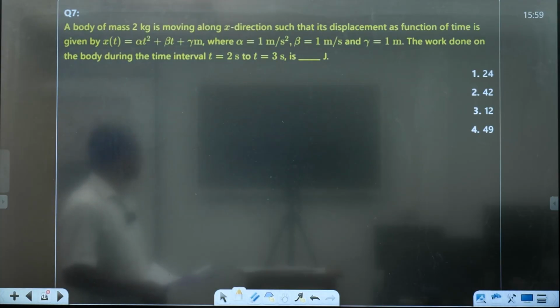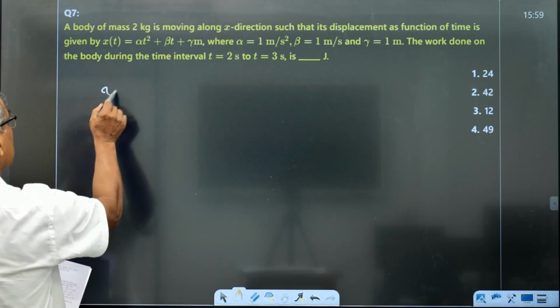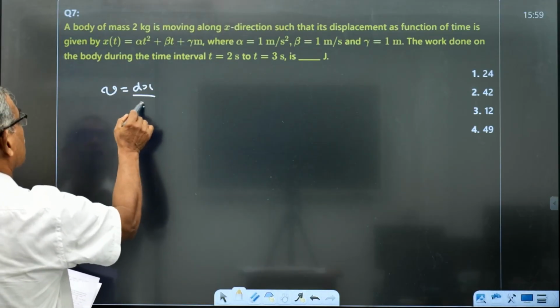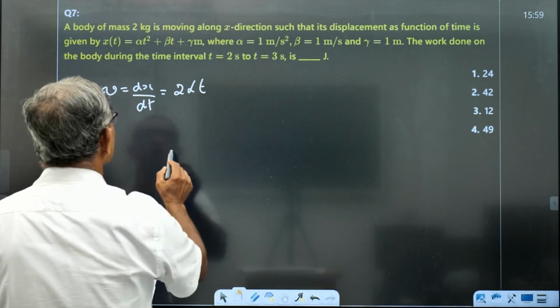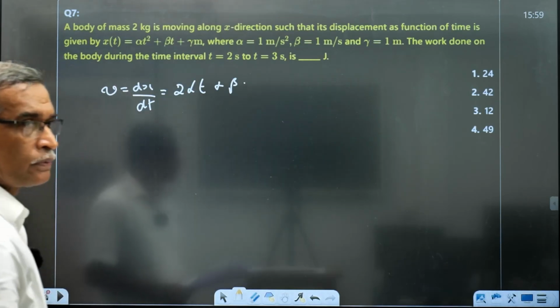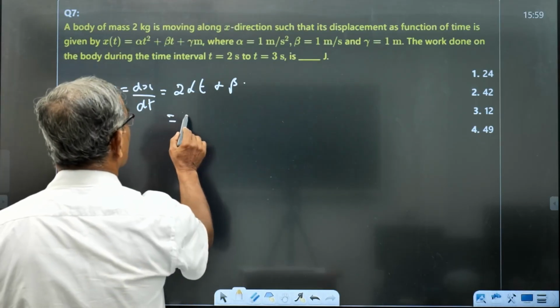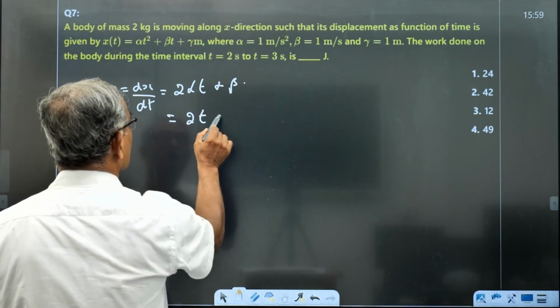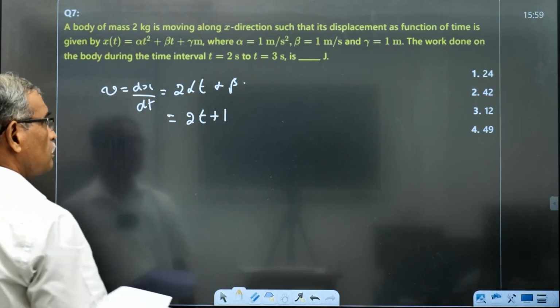From the displacement function we can get the velocity function. The velocity is given by dx by dt, which is equal to 2 alpha t plus beta. Where alpha is equal to 1, this is 2t plus 1. This is the velocity function.